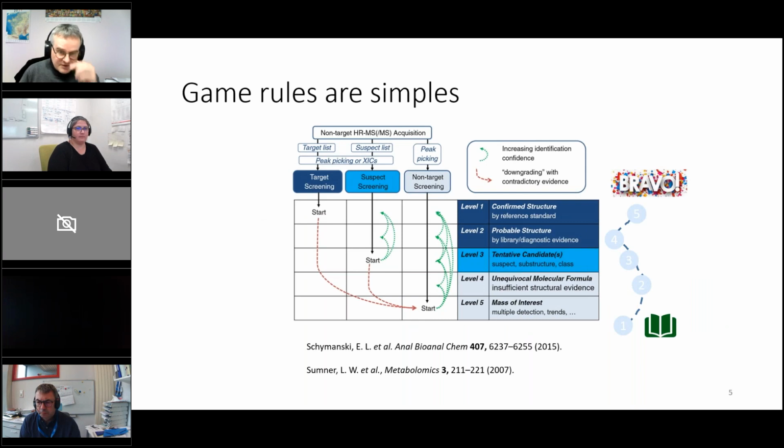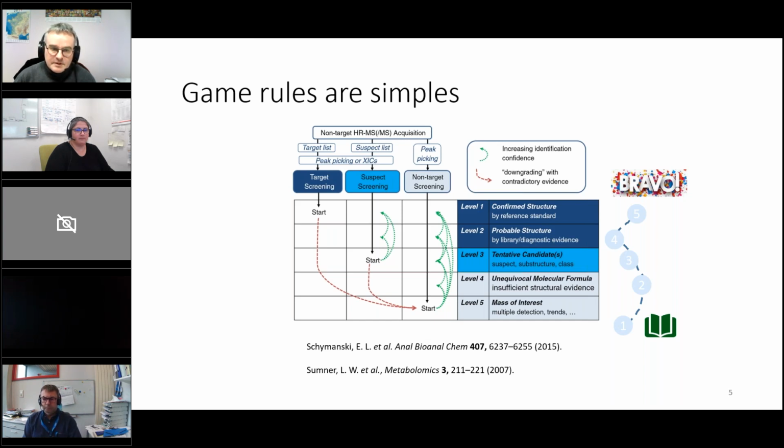So simple rules, but depending where we start, you all know that graph with the 5 levels. We can start the game at level 1, when we are doing quantification on a known list of standards that we know by heart in the lab.